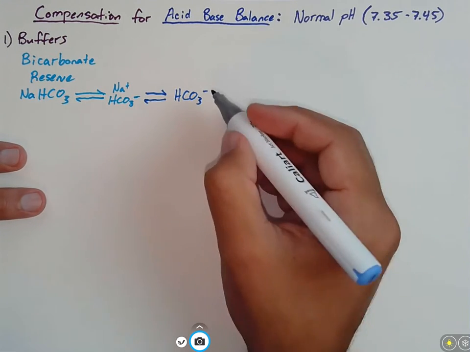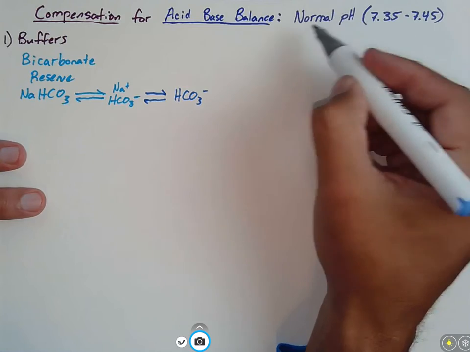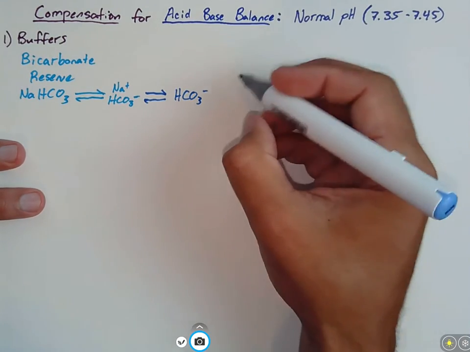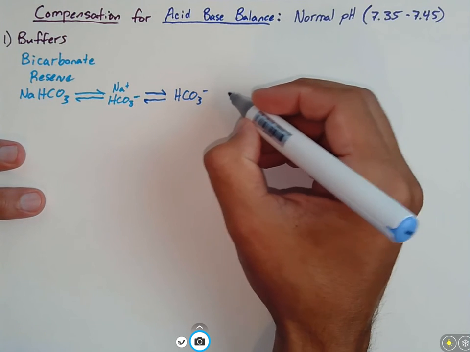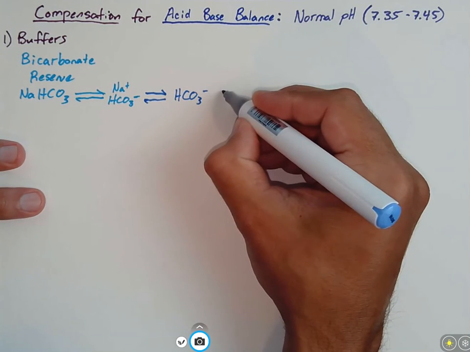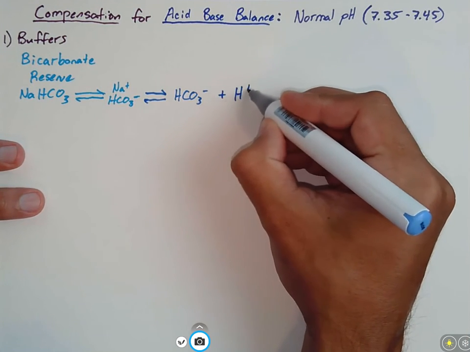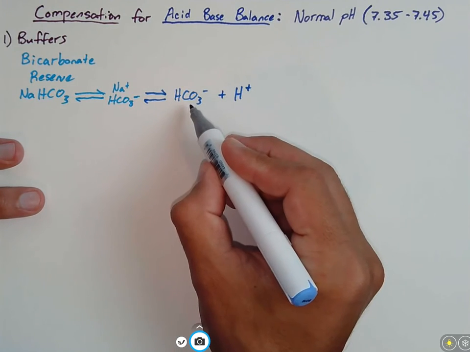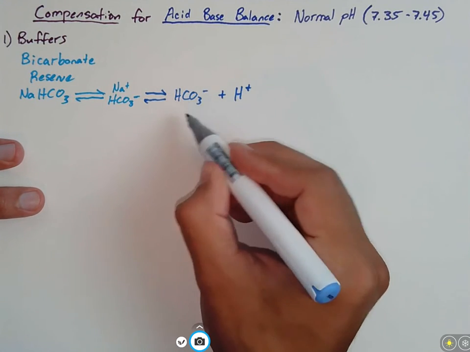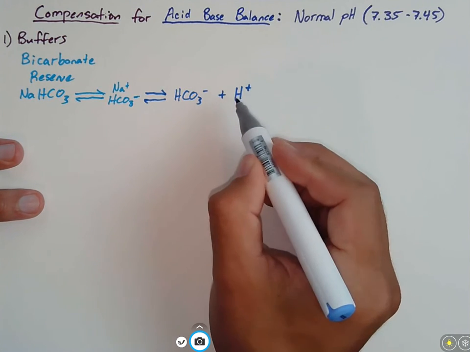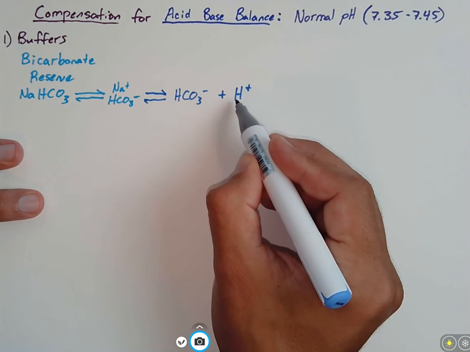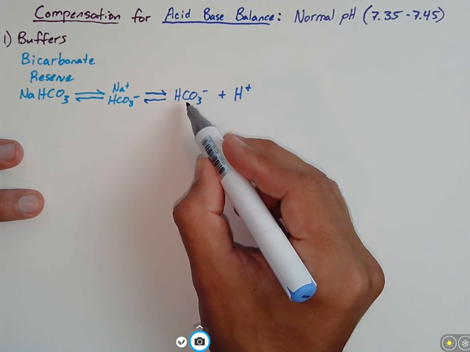Awesome. So in the acidotic state that we were defining before, if we have a patient with acidosis, what do we have a lot of in the body? We have a lot of hydrogens. And so as bicarbs are found in the blood, as they go across hydrogen ions, the hydrogen ions will bind themselves up onto those bicarbs.